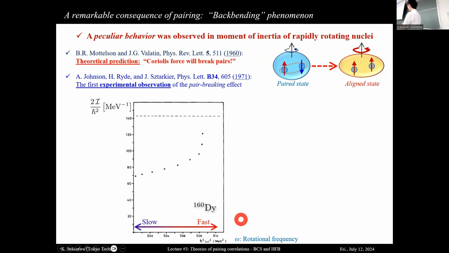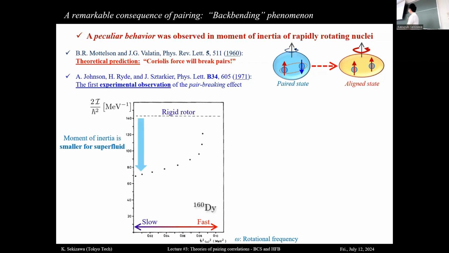The left part corresponds to slow rotation, and the right-hand side corresponds to fast rotation. The dashed line corresponds to the moment of inertia assuming a rigid rotor.